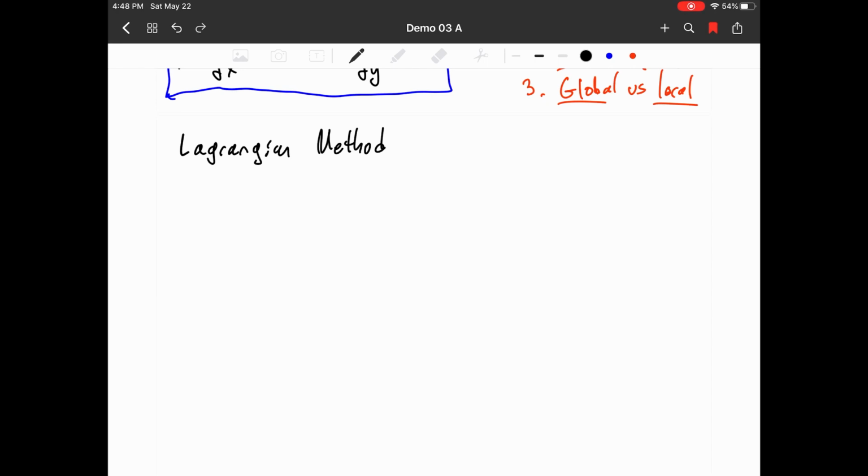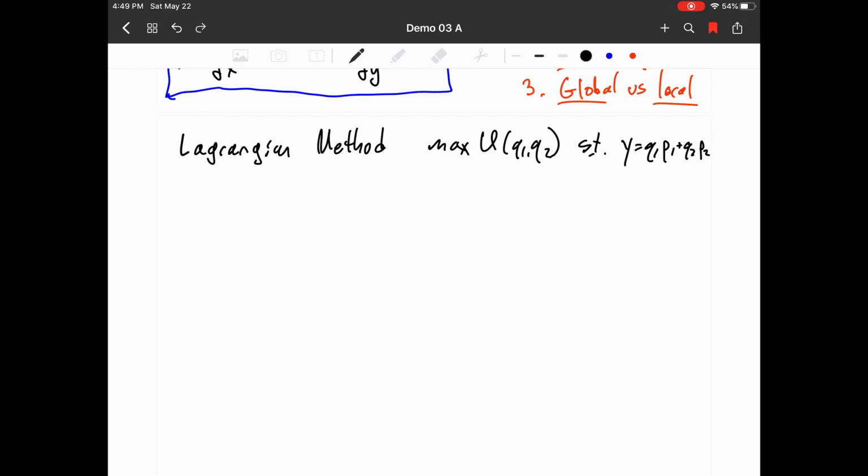So let's say, as we did before, that we have our utility function. So we'll put this up in the corner here. Utility function of Q1, Q2, subject to some budget constraint. So y is equal to Q1 P1 plus Q2 P2. And we're trying to maximize.